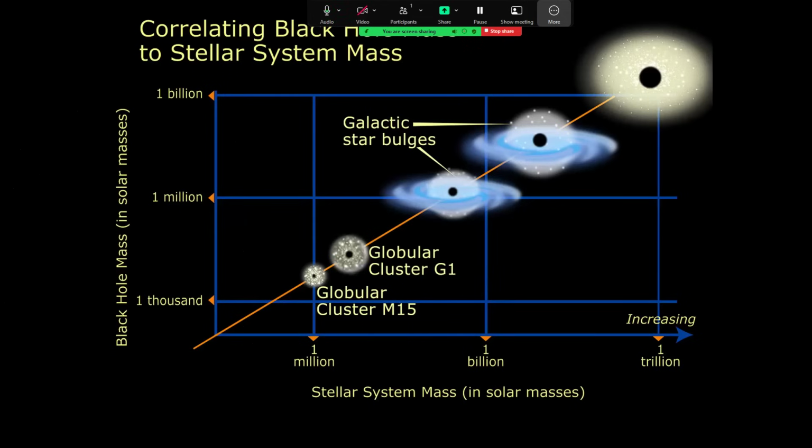If you plot the two against each other, you get an amazing straight line, all the way from the biggest galaxy with 1 trillion solar masses and a 1 billion solar mass black hole, so 1/1000th being the ratio, and that ratio is maintained, so that a modest-sized spiral galaxy might have 1 billion solar masses and a 1 million solar mass black hole.